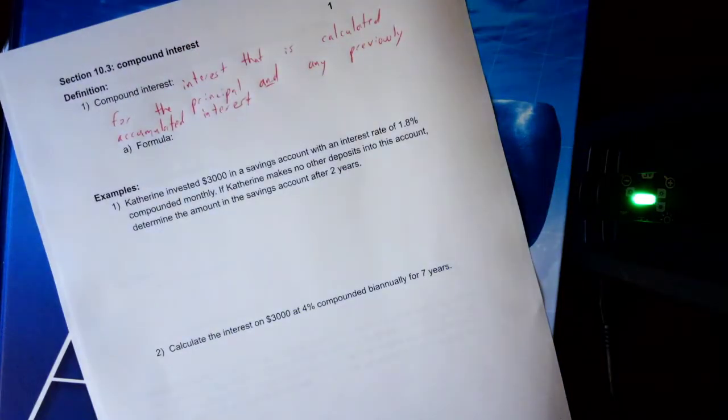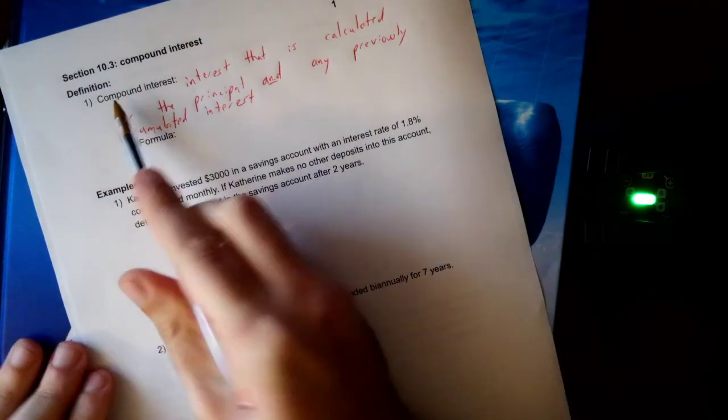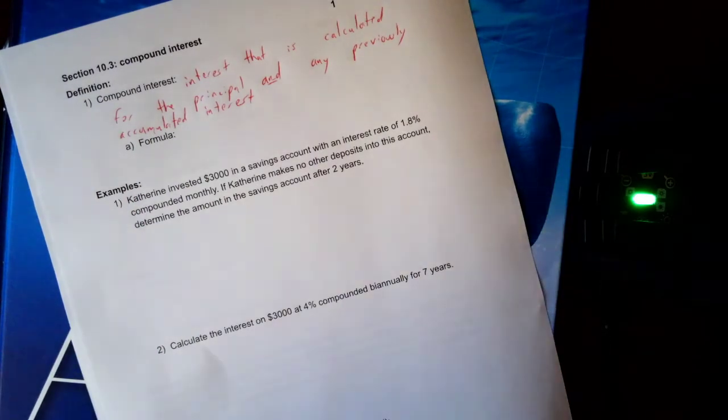So the compound part is telling you it's basically interest on the interest, right?